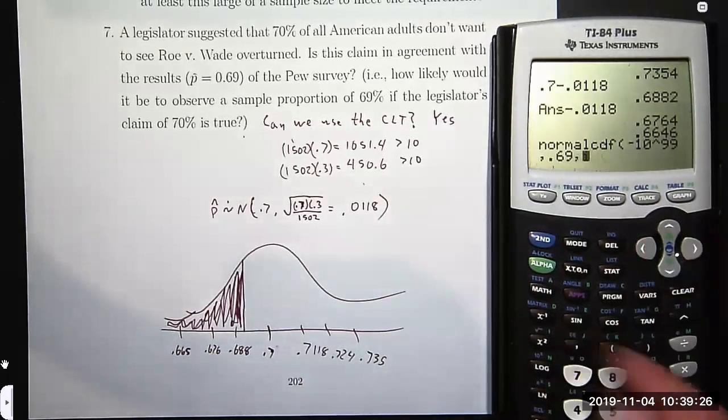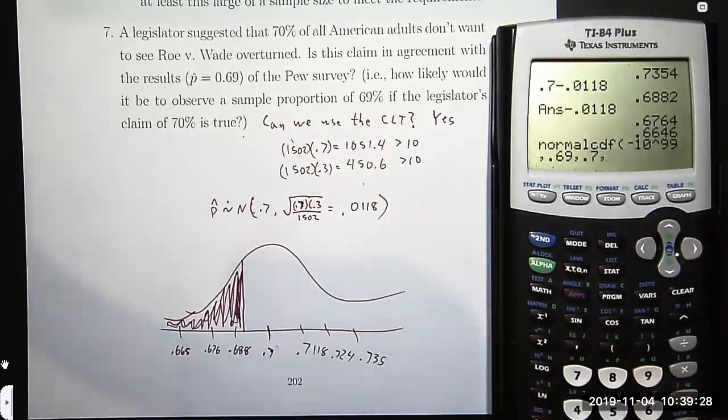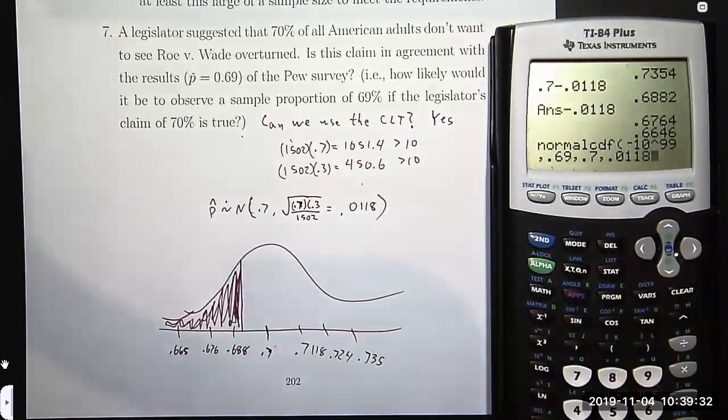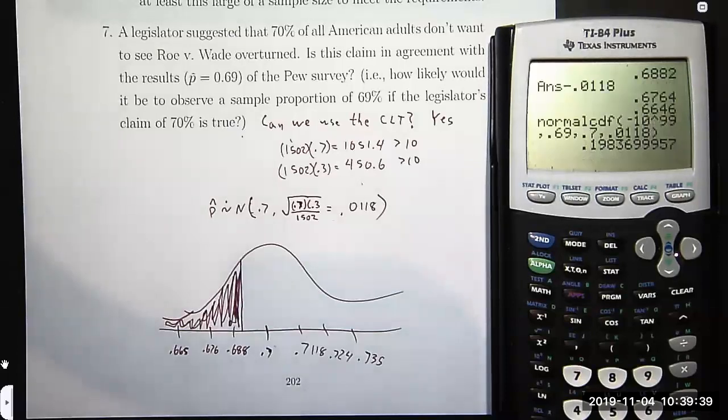Mean is 0.7, standard deviation was 0.0118. All right. And then that gives us a 19.8% chance of getting that proportion. So that's actually pretty likely. So it's not that strange to get that small of a p hat.